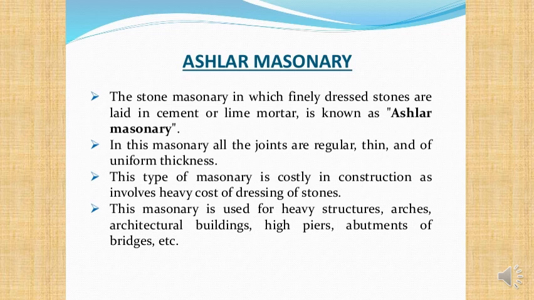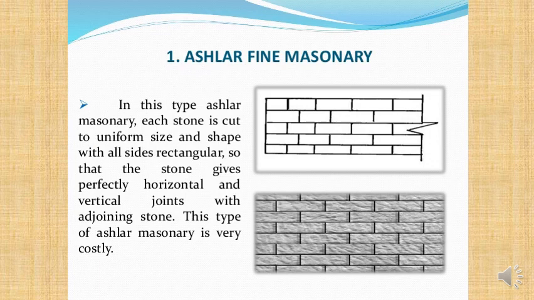And so this is where we get these cuboid shapes for masonry blocks. It stems from this theory of ashlar masonry. And you can have two different kinds of ashlar masonry. You can have fine ashlar masonry.